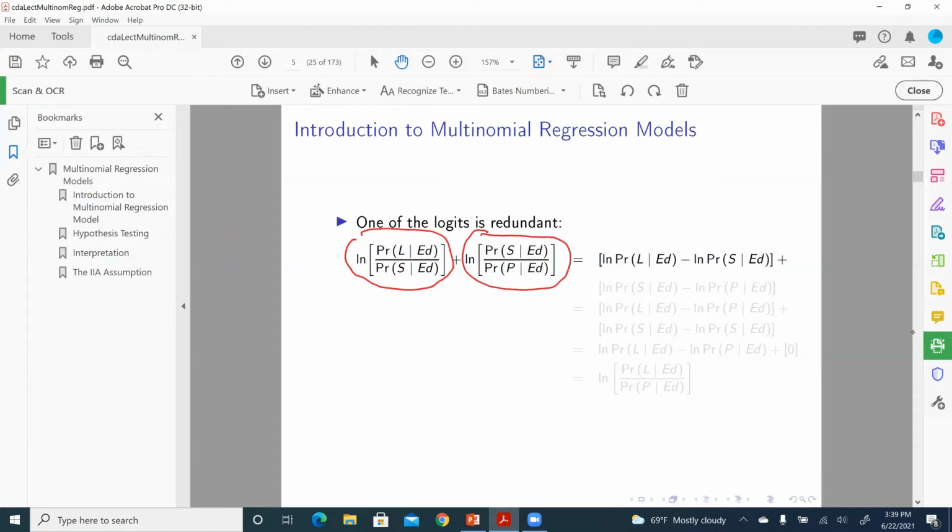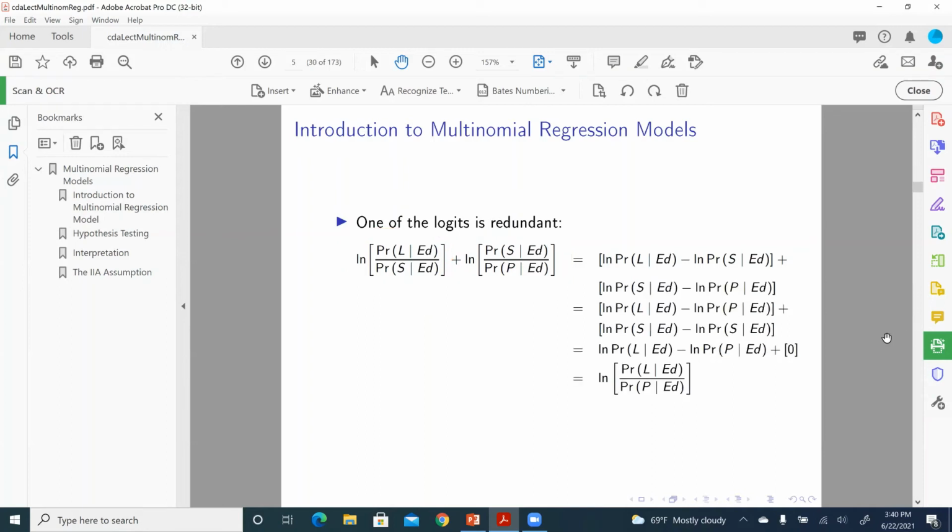Relying on the fact that log turns division into subtraction, multiplication into addition, if we carry through the computation, we will get that the sum of these two log of the odds is equal to the last log of the odds. Okay? And you can stop here and carry through the computation yourself.